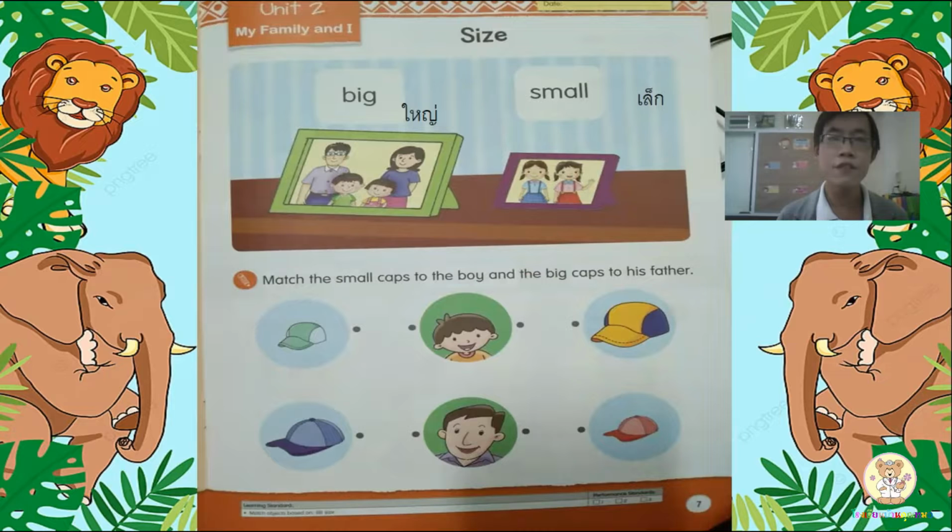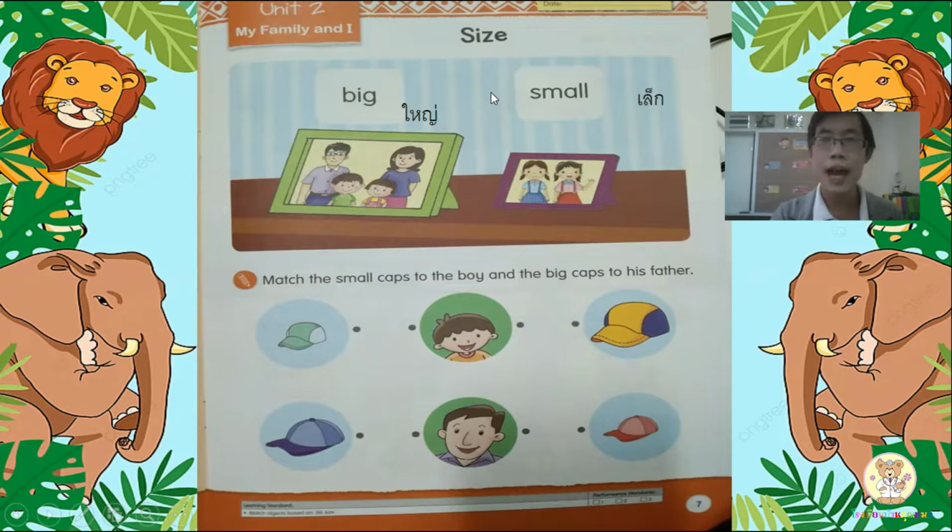Okay, so let's start at the first word. Big, B-I-G, big. If you don't understand what big means, I have already written the translation beside big. Next, small, S-M-A-L-L.